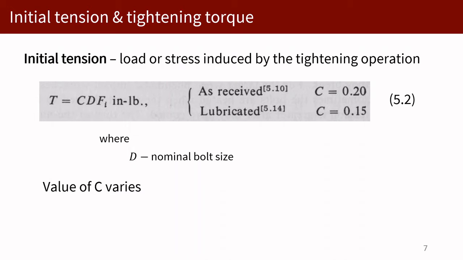In equation 5.2, the torque T is equal to C, D, and F sub I. F sub I refers to the initial force that you apply. Using that initial force, the nominal diameter of your screw member, and the torque coefficient, you can determine the torque to apply.